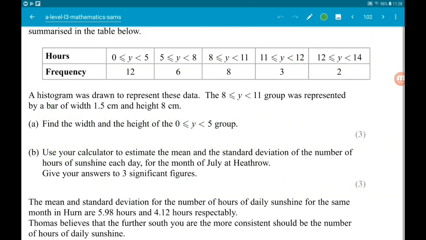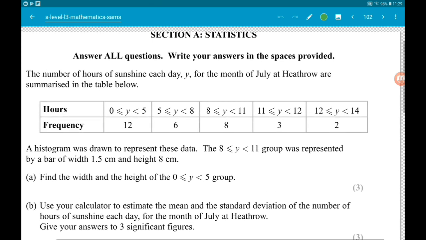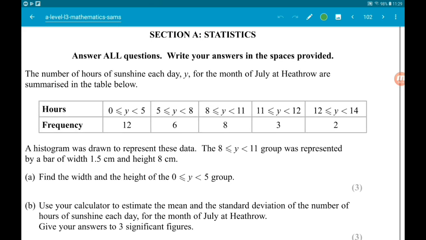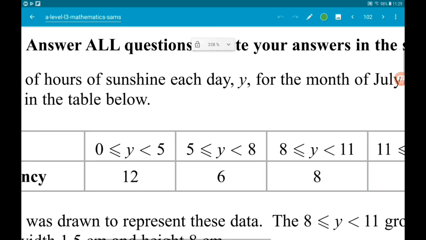Okay, then part B wants us to find estimates for the mean and standard deviation of these data. Our calculators can do this very easily for us. What we are going to need though, because it's grouped frequency, is the midpoints.